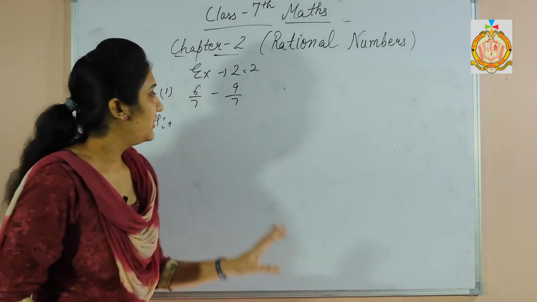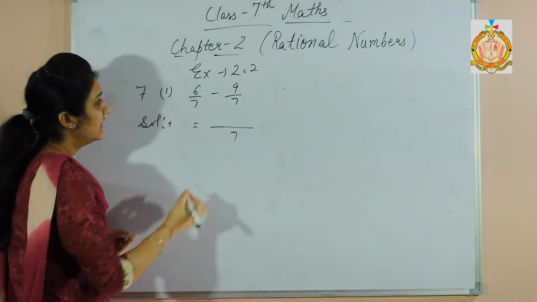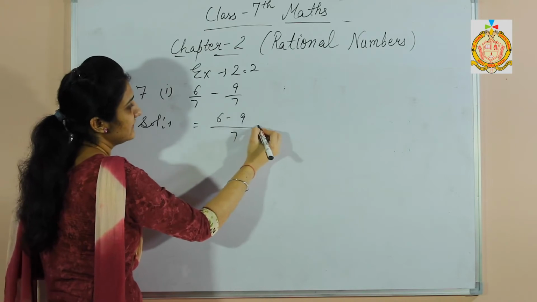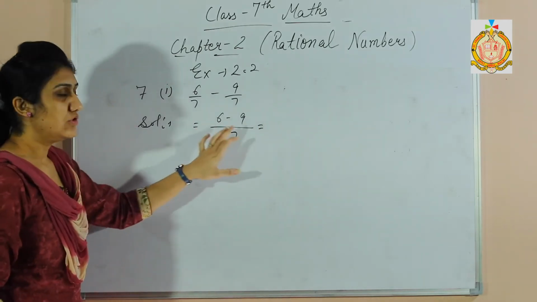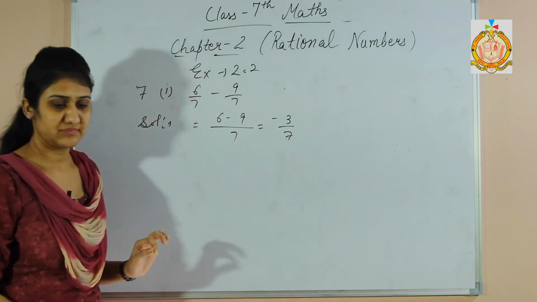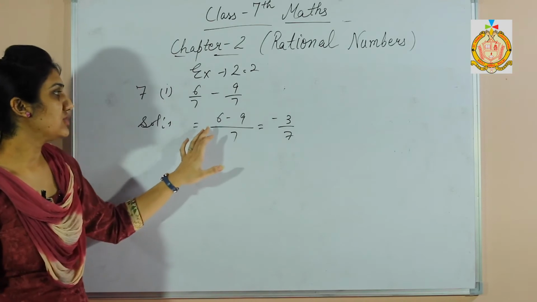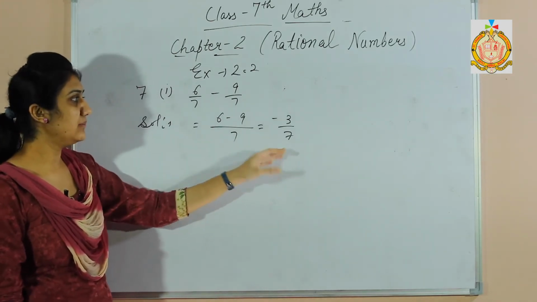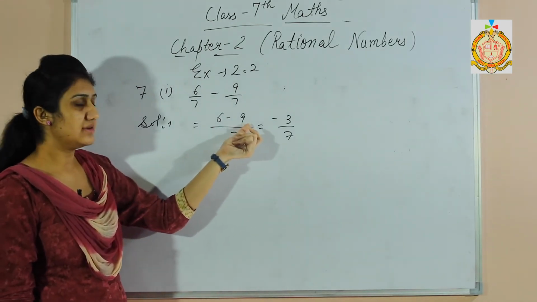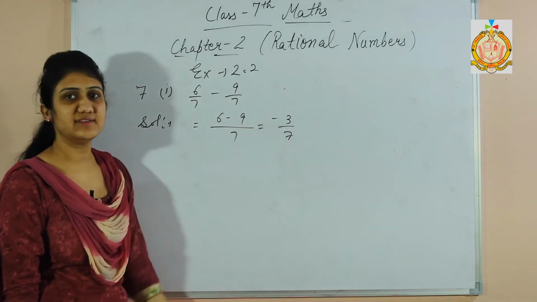Here the denominator is the same, so we can take the denominator 7 and write 6 minus 9. 6 minus 9 is minus 3. As it is positive and negative and we have to subtract, after subtracting place the symbol of the greater number. Here the greater number is 9, so placing here minus 3.